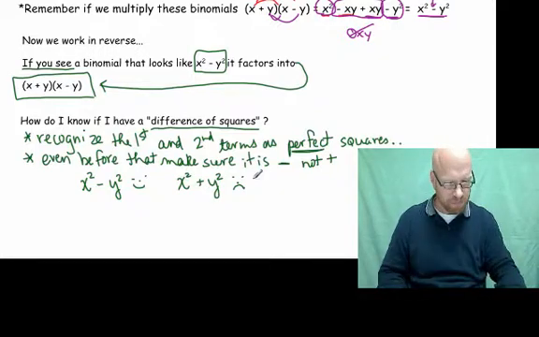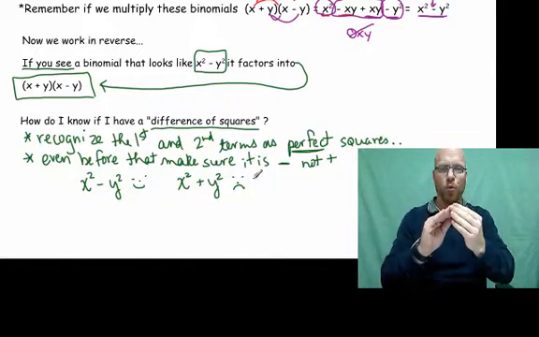I'm going to list some perfect squares, meaning they have square roots, and the square roots are whole numbers.